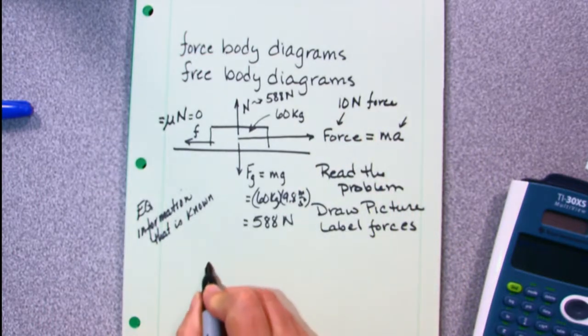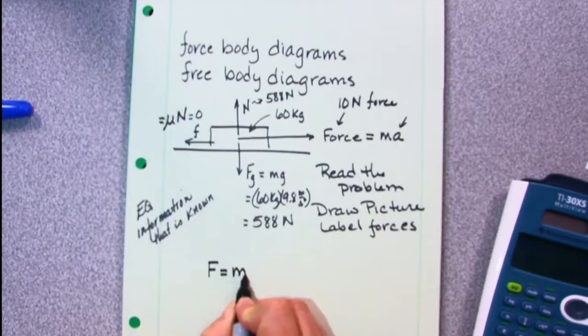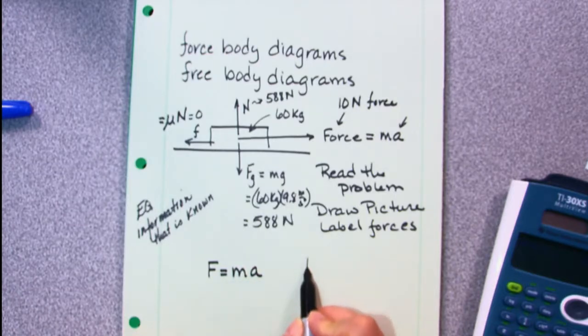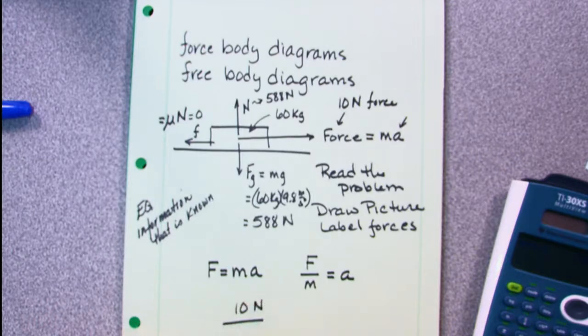So I'm going to put down my equation. Force is equal to mass times acceleration. I'm going to solve for acceleration. And now I'm going to plug in my numbers. So I've got my 10 newtons divided by my 60 kilograms.